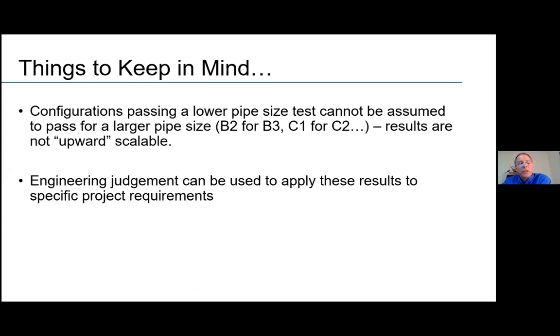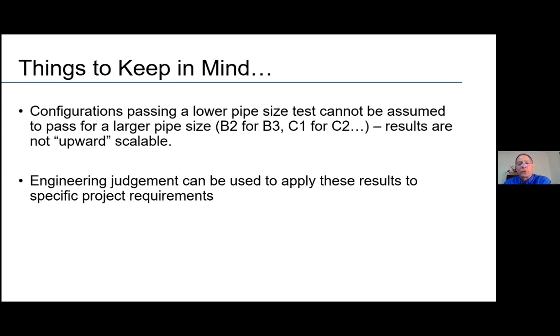A couple other key things to keep in mind when you're looking at selecting your acoustic system is that configurations passing a lower pipe size test can't be assumed to pass for a larger pipe size. So if you have an insulation system that was tested to meet the requirements of a B2 classification, you cannot assume that it will also meet the requirements of a B3. And likewise, a C1 would not necessarily meet the requirements of a C2.